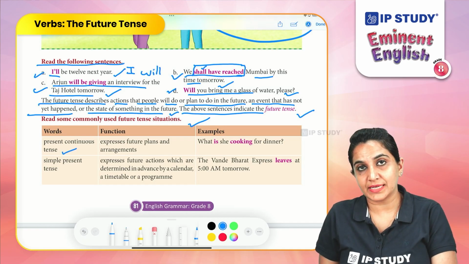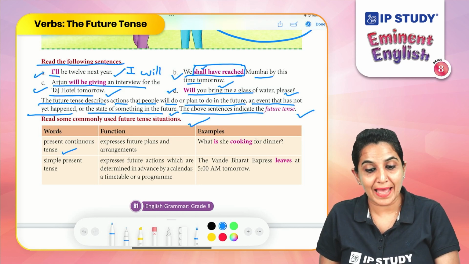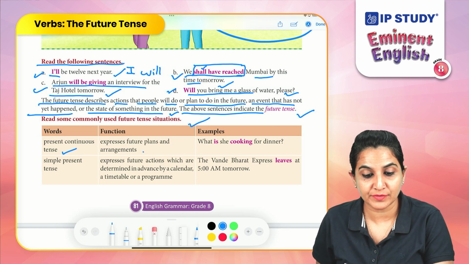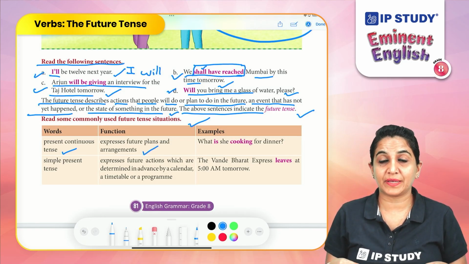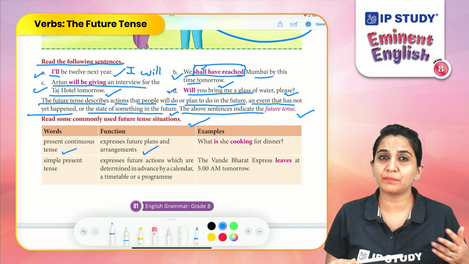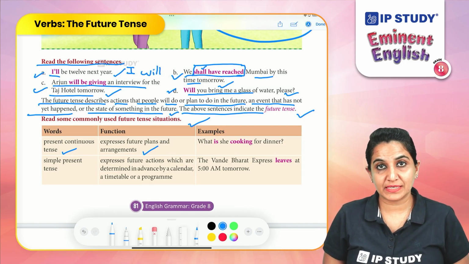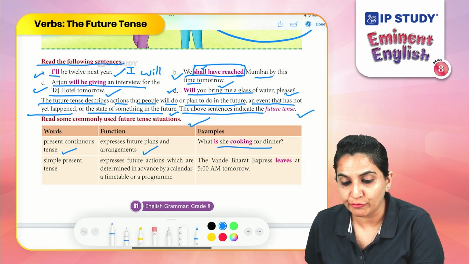Present continuous tense helps us to express future plans and future arrangements. So again, these kinds of sentences help us to tell how something can be expressed for future plans or something which we are going to arrange in the future. In these kinds of sentences, we use, what is she cooking for dinner?